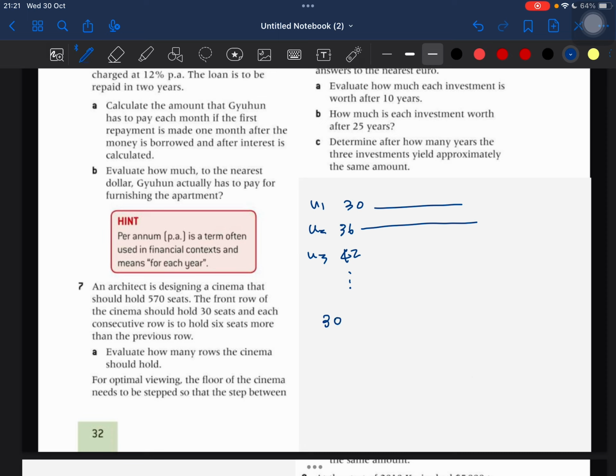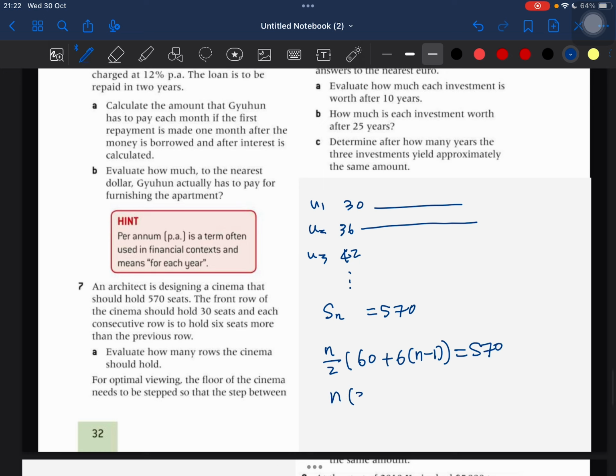Okay, 30. So this is the S, and this is about the series. It should have 570, like this. When we start from 30, no, because this is an arithmetic sequence. So n over 2 times (60 plus 6 times (n minus 1)) should be 570.